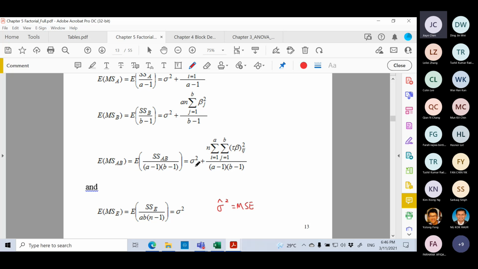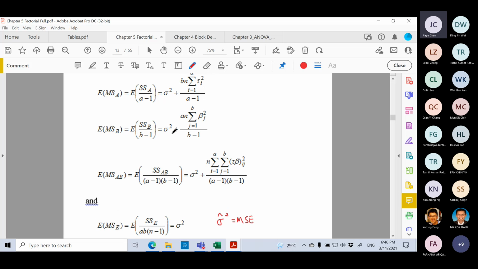Similarly, for this part of the component, you can use the MSA to estimate the sum of tau square, or the sum of beta square, if you wish, because the sigma square you can estimate using the MSE. More importantly is the MSE here, because this sigma square estimate can help you construct the confidence interval or test the difference between two pairs. So you need the MSE, the estimated sigma square.